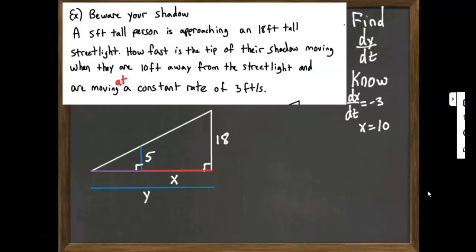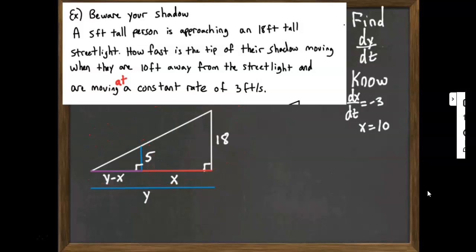Well, I marked another distance on here in purple. And I'm going to label that distance, since the red distance is x and the blue distance is y, that little purple distance will be y minus x. And so then we've got to find some way to get x and y related. And the idea is to realize that this little triangle here and this big triangle here are in fact similar triangles.